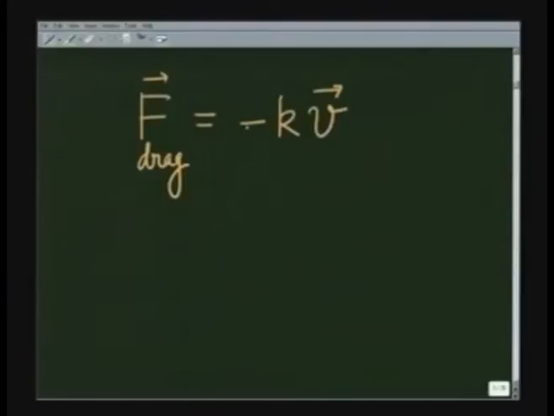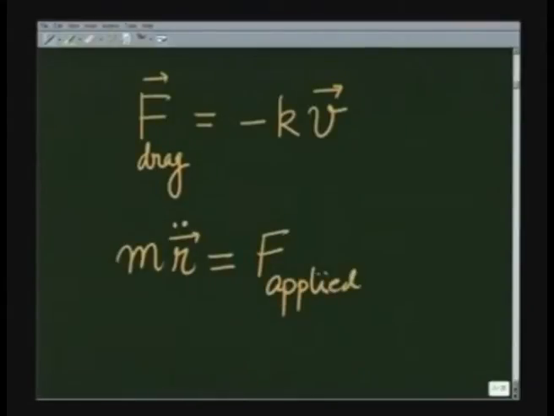Minus sign again denotes that the force is opposite to the motion, and therefore the equation of motion is going to be m r double dot, mass times acceleration, equals F applied, the force that I apply from outside, minus k v, which is the drag force.